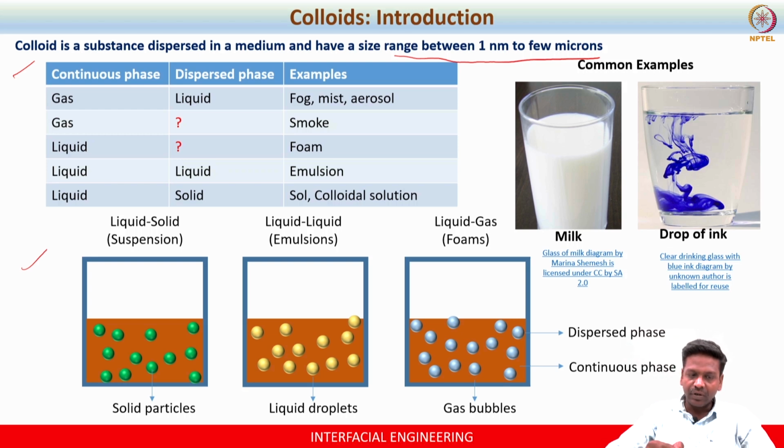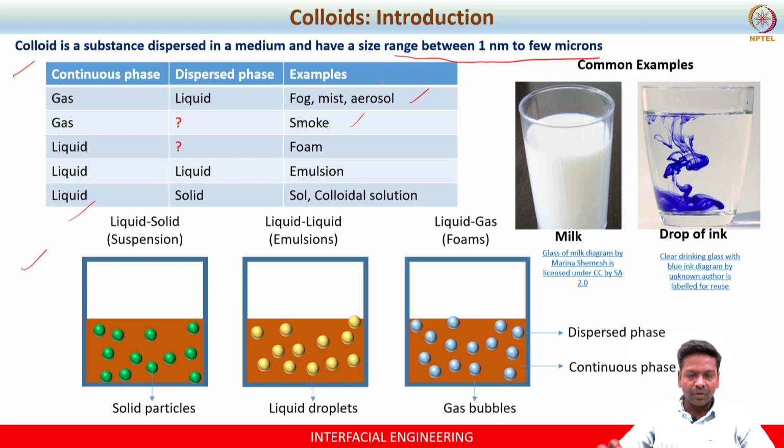Although this module is all about the liquid solid system, we will also understand colloidal particles from other perspectives. For the liquid gas system, we know some examples like fog, mist, aerosol. These are examples of colloidal systems where liquid is dispersed in gas. The gas phase is going to be the continuous phase.